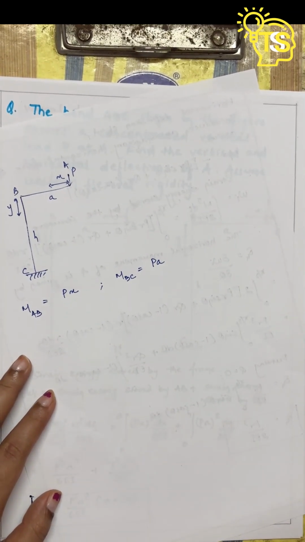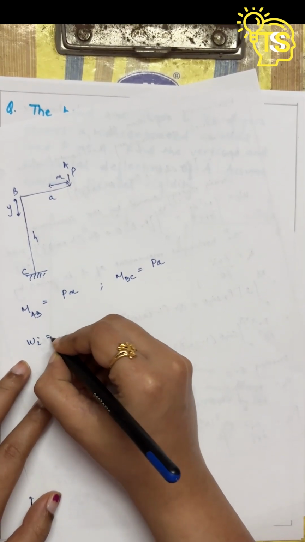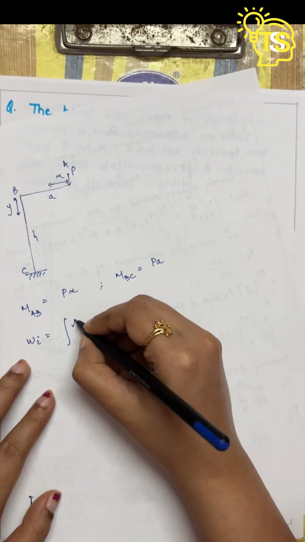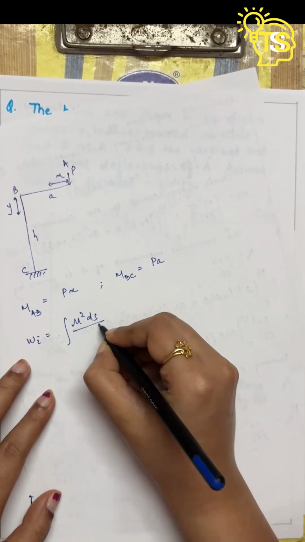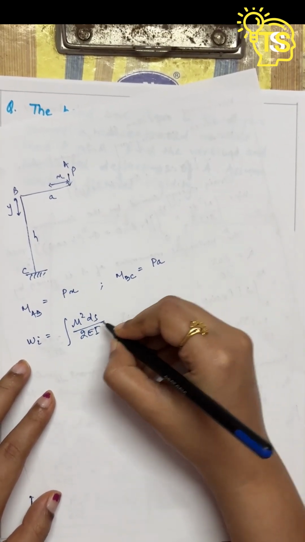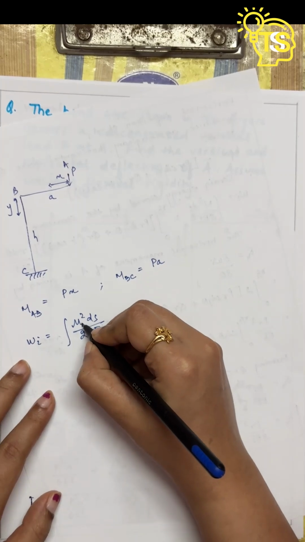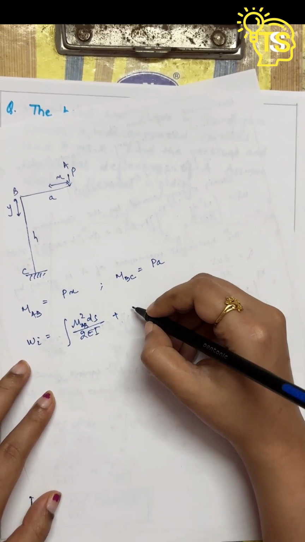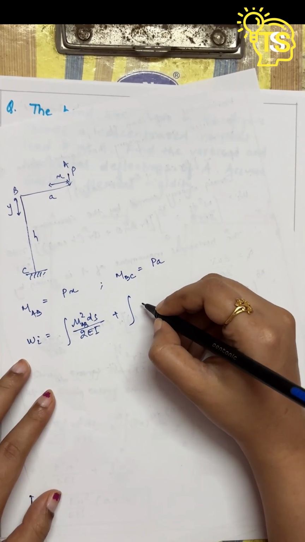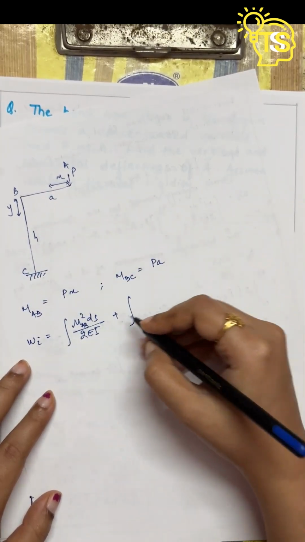Now let's calculate the strain energy. The formula of strain energy is M square ds upon 2EI. As we have two moments, we need to calculate the strain energy at two parts of the bend.